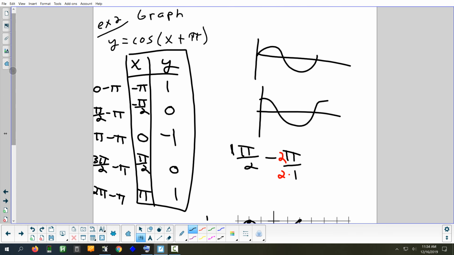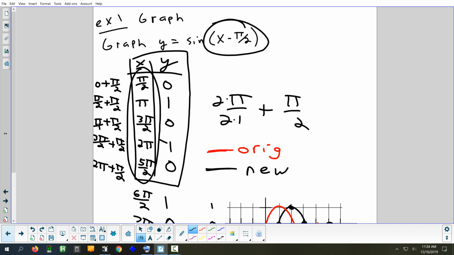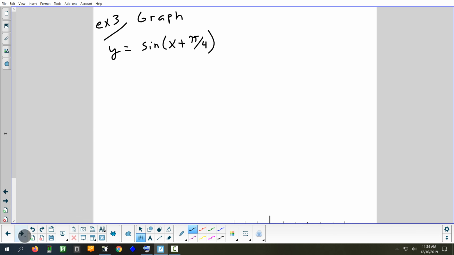Okay, so we did a shift with cosine, and we had a plus. We did a shift with sine, and we had a minus. Let's do one more with sine, and we'll do a plus. And then we'll do our last transformation for today, which is vertical shift.